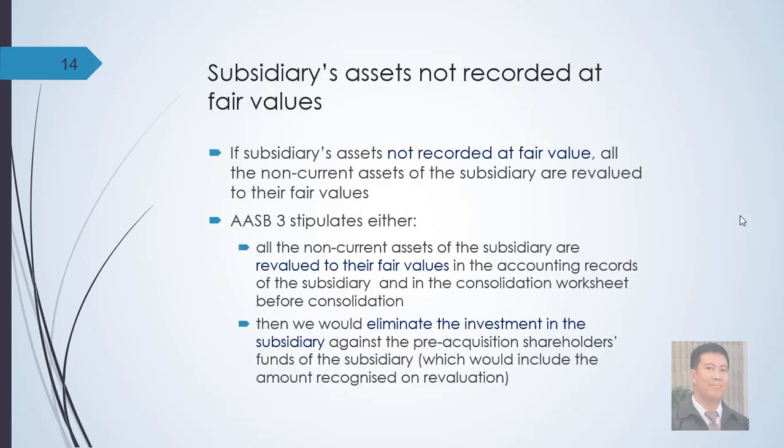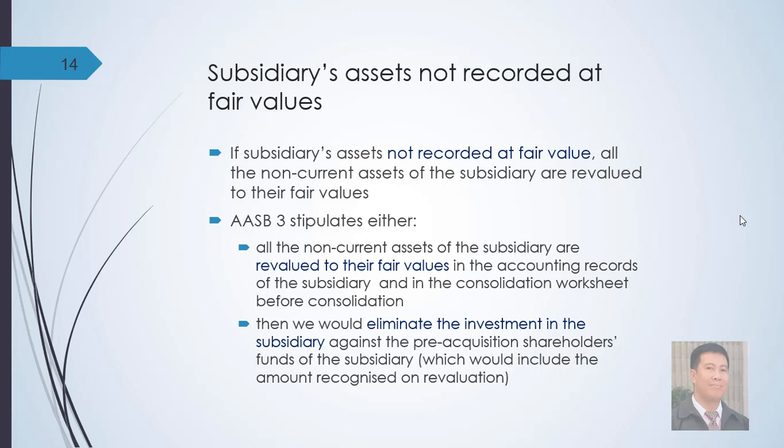Now, in case the subsidiary's assets are not recorded at fair value, it is obvious that we have to revalue the accounts before we do the elimination. So the first thing to do is adjust. The question is, when will the adjustments be done? Should it be before or after the acquisition, or during the acquisition? ASB 3 stipulates that all the non-current assets of the subsidiary are revalued at fair values in the accounting records of the subsidiary, or in consolidation before the consolidation worksheet.